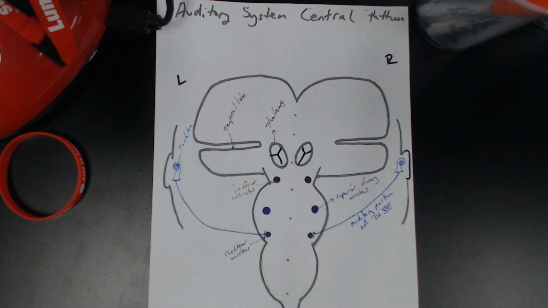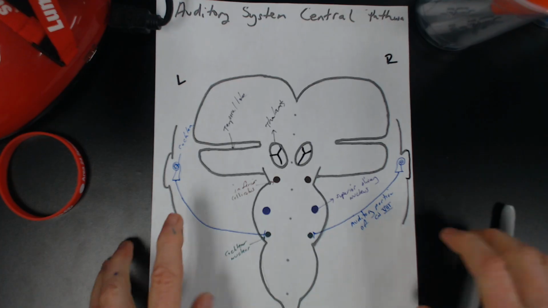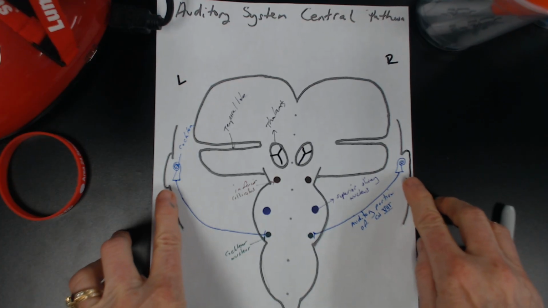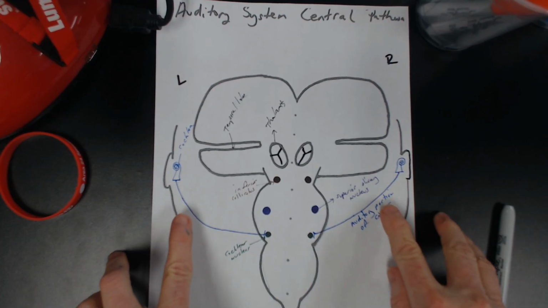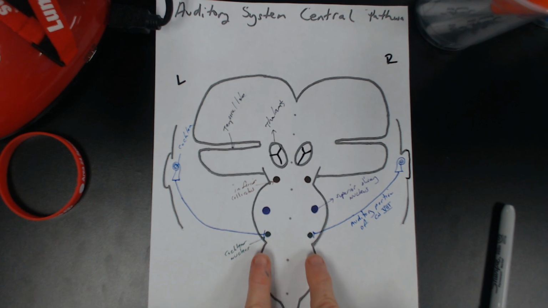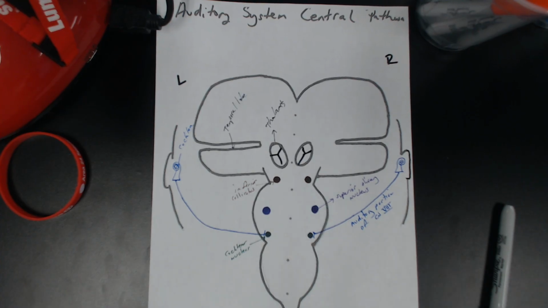Okay. So once the auditory portion of the 8th cranial nerve coming bilaterally out of the cochlea reaches the cochlear nucleus ipsilaterally. Yes, Johnny? Is the inferior colliculus that nucleus? Yes. Oh, it is a nucleus. Yeah, that's okay. That's what it's called.